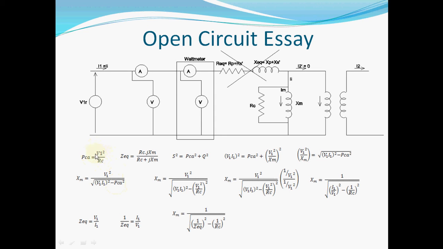So we can put this expression here in this place and we obtain this expression. If we divide the numerator and the denominator by square V1, we obtain finally this expression.